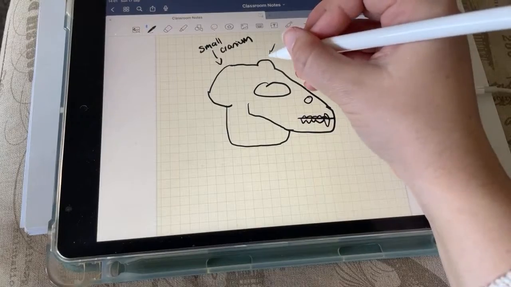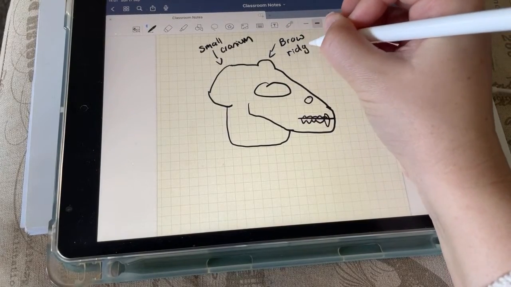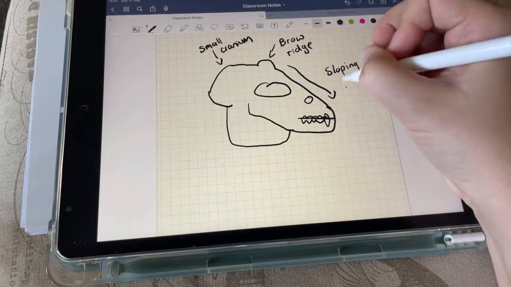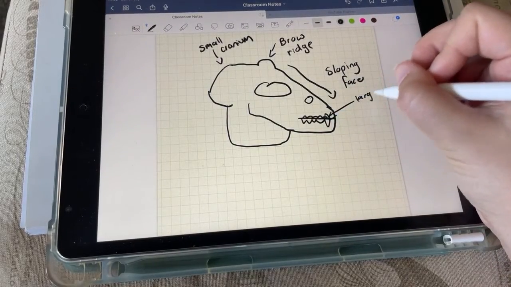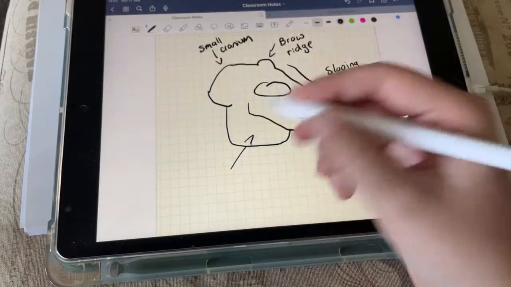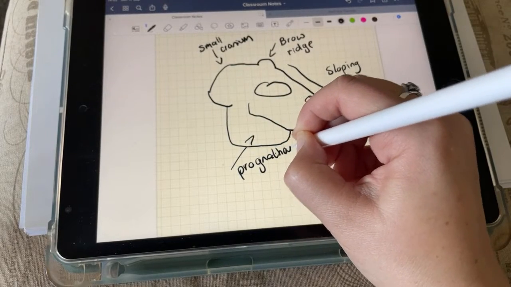They have got a brow bone or a brow ridge. They have a sloping face. They have large canines. And they have this thing over here, which is called a prognathous jaw.